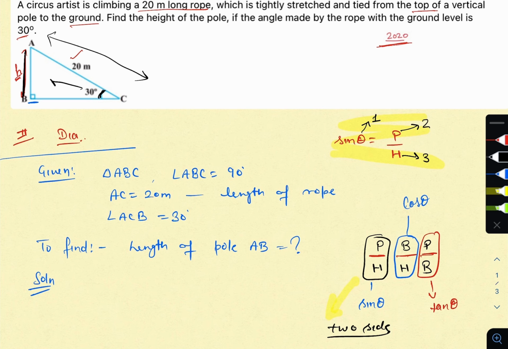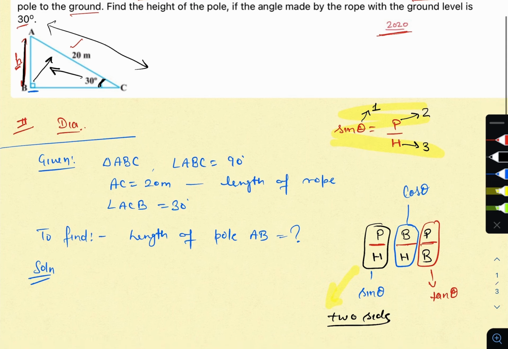As we all know, the side opposite to the angle we call the perpendicular, and the side opposite to the right angle is the hypotenuse. So here we have to use perpendicular and hypotenuse, which is used in the case of sin theta. So here we will apply sin theta.